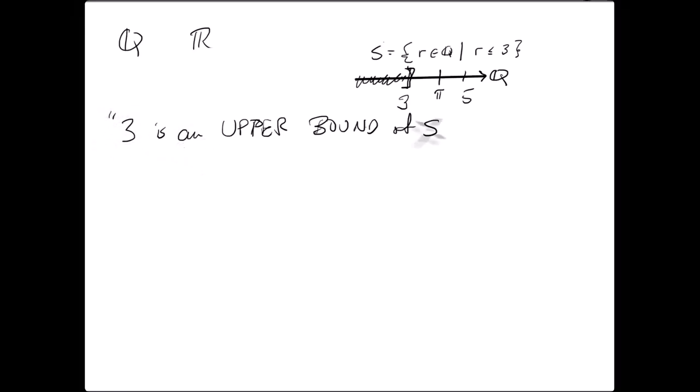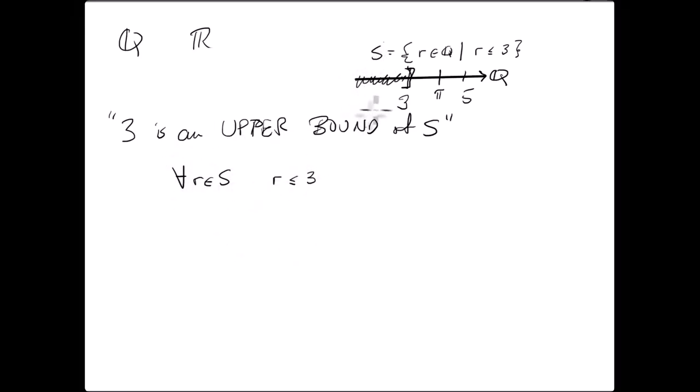So when you say these words, there's always a logic statement behind it, because the logic statement is precise, words are not precise. 3 is an upper bound of S means for all elements of S, for an arbitrary element of S, r is less than or equal to 3. Done. That's it. That's an easy definition.